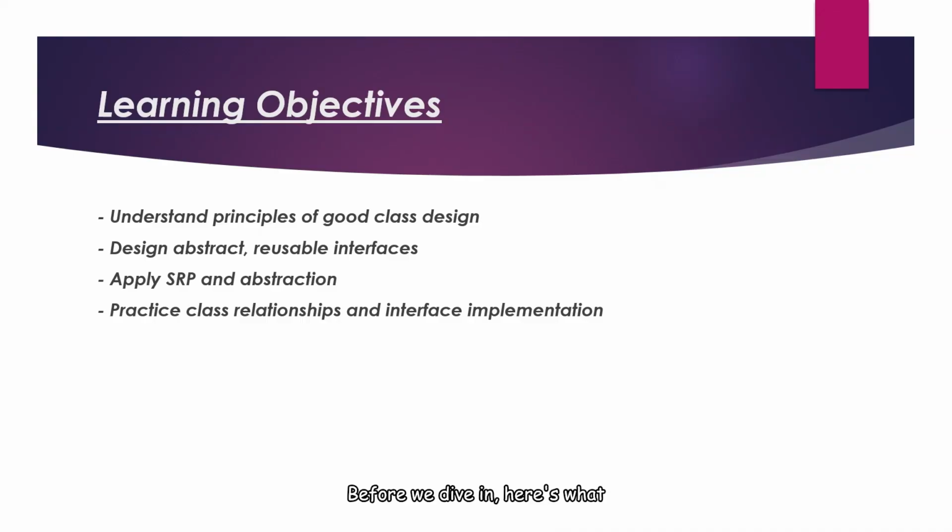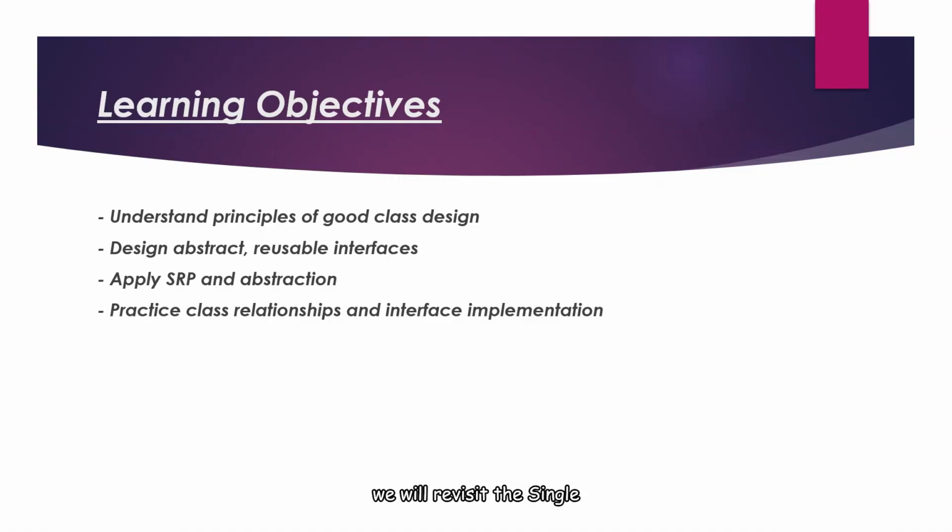Before we dive in, here's what we will take away from today's session. First, we will learn the core characteristics of a well-designed class, what to aim for and what to avoid. Second, we will explore how interfaces provide abstraction, allowing for flexibility, reusability, and testable code.